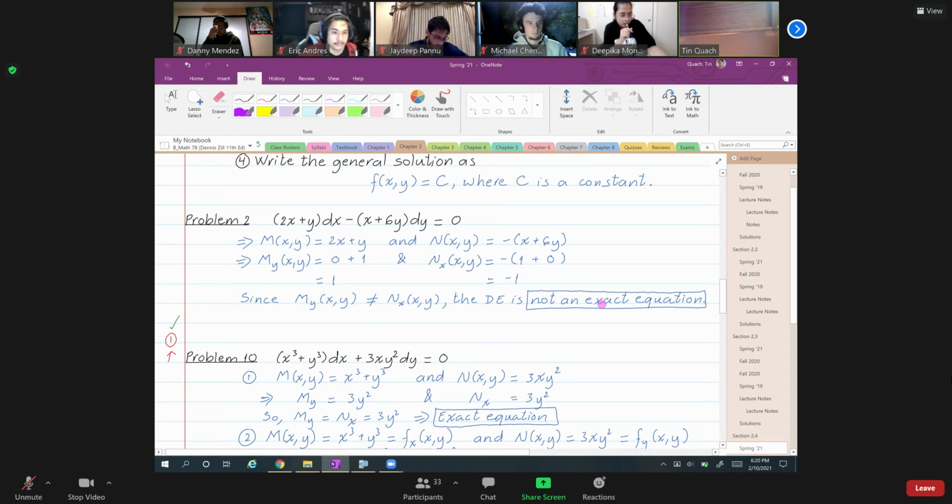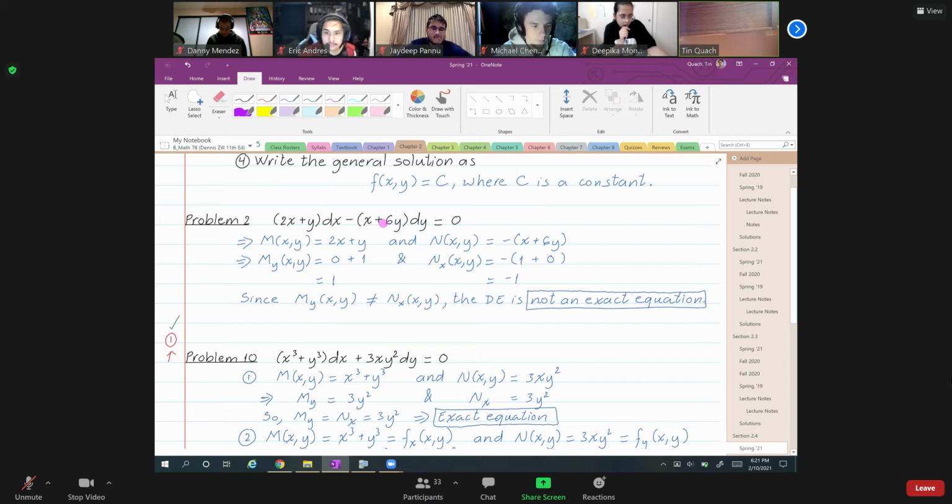If it is not an exact equation, you cannot do it the way we just did. So if it is not an exact equation, then you have to try to rewrite the differential equation and see if you can separate the variables, or see if you can write it in standard form, so you can identify the p of x. Then you can use an integrating factor.